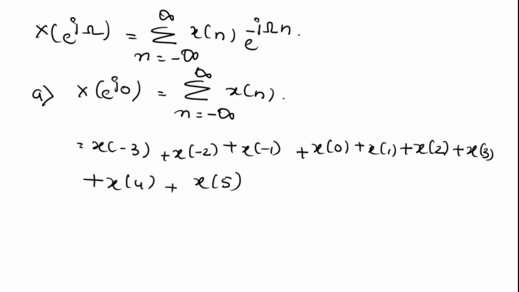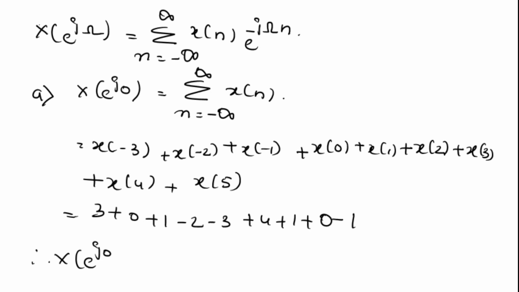So by putting the given values, 3 plus 0 plus 1 minus 2 minus 3 plus 4 plus 1 plus 0 minus 1. Therefore X of e^(j 0) is equal to 3.